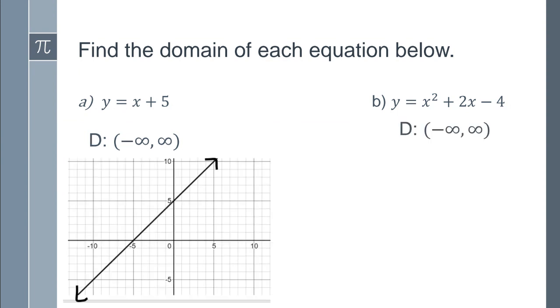For B, if we asked ourselves all the questions, this has no fractions, no square roots, and nothing that says log in it. So since that's the case, the domain, all the x values that I can put into this function, is from negative infinity to positive infinity.